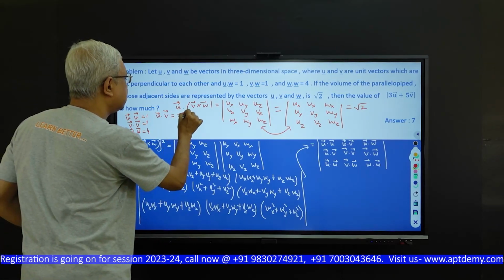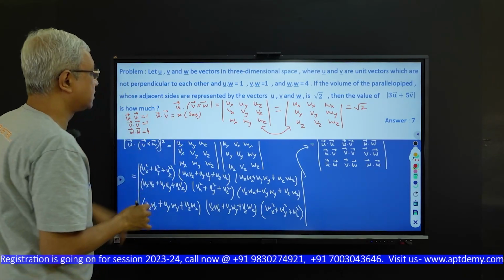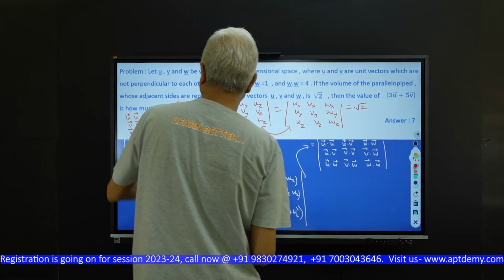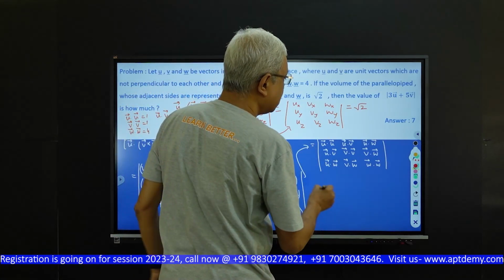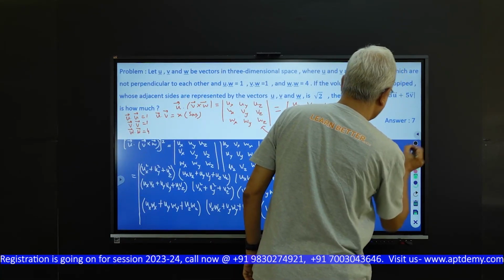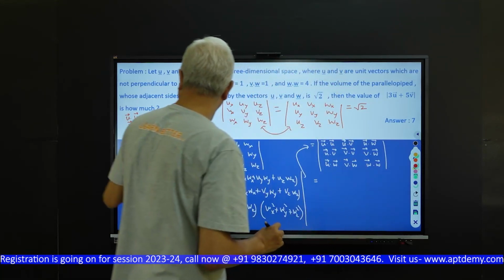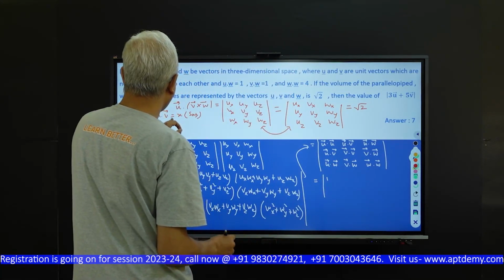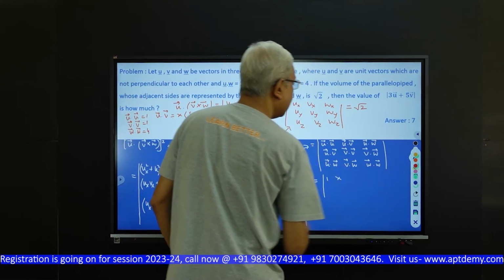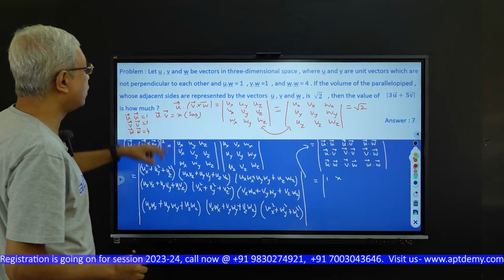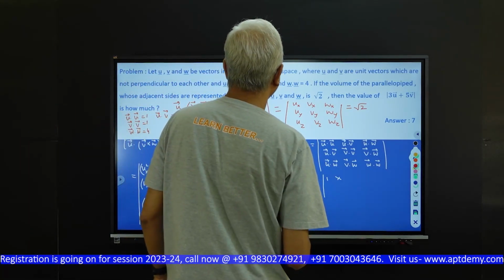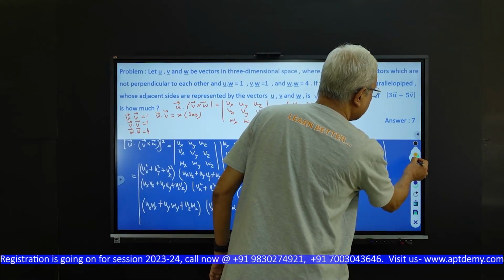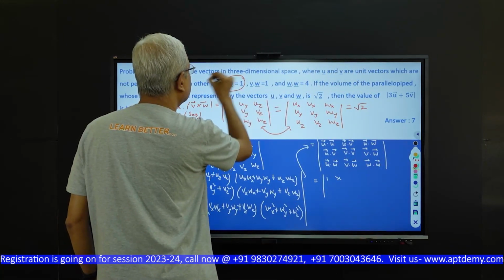Now if I substitute these values, U dot U is unity, so I write this as unity. U dot V I have taken as x. And U dot W is how much? It is also given that U dot W is unity.